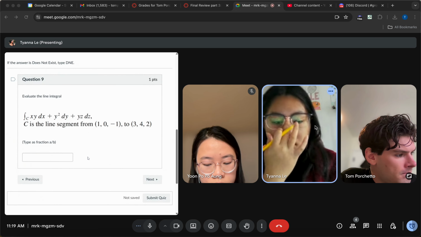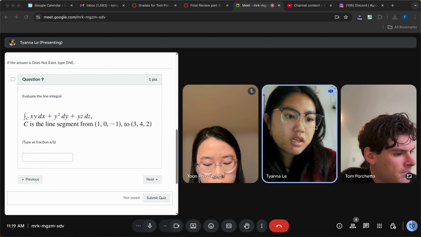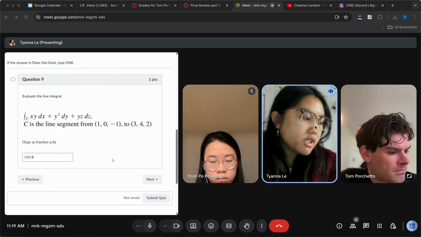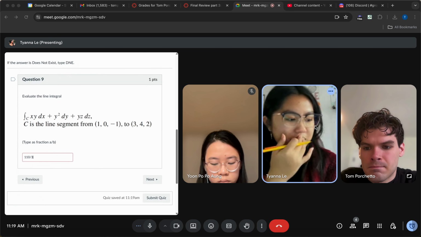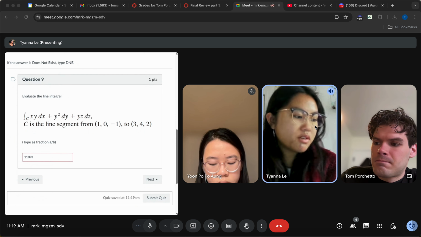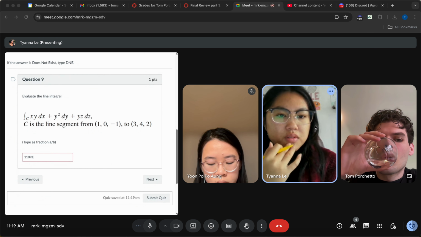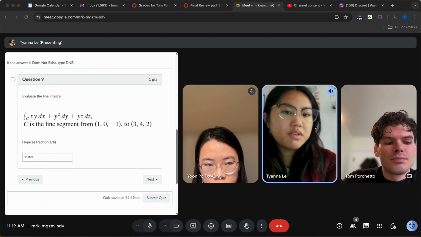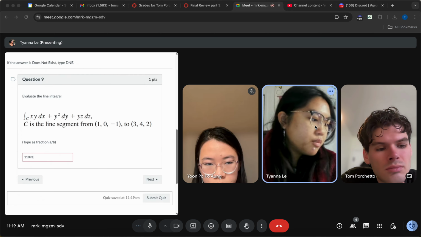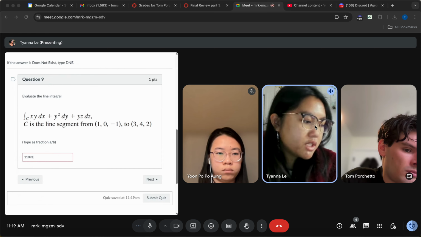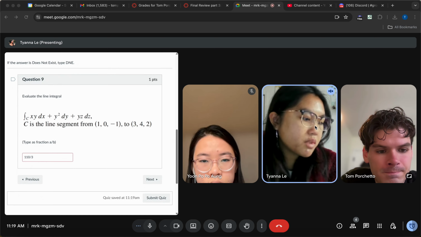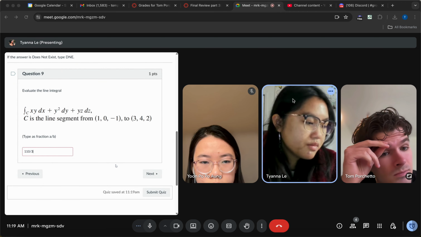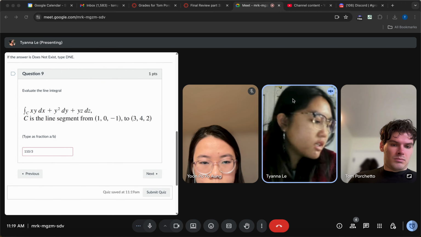Evaluate the line integral. For this, I got 101 over 3. So first you can parameterize the integral. r0 equals (1, 0, negative 1), and then r1 is (3, 4, 2). You parameterize it, it'll be 1 plus 2t, 4t, negative 1 plus 3t. Then you can set them equal to x, y, z.